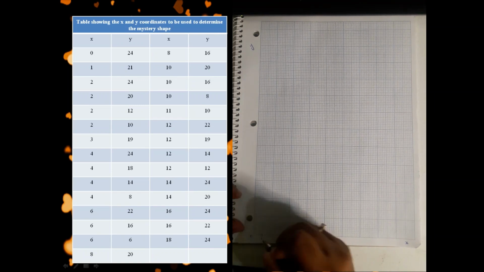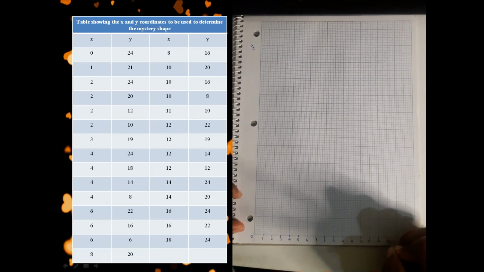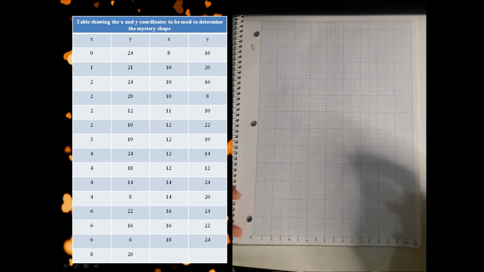So every 5 is going to be 1, and we're going to move up in increments of 1. 1, 2, 3, 4, 5, 6, 7, 8, 9, 10, 11, 12, 13, 14, 15, 16, 17, and then we have 18 right here.